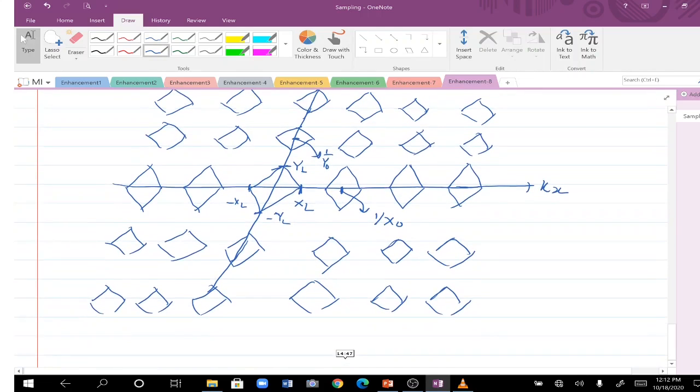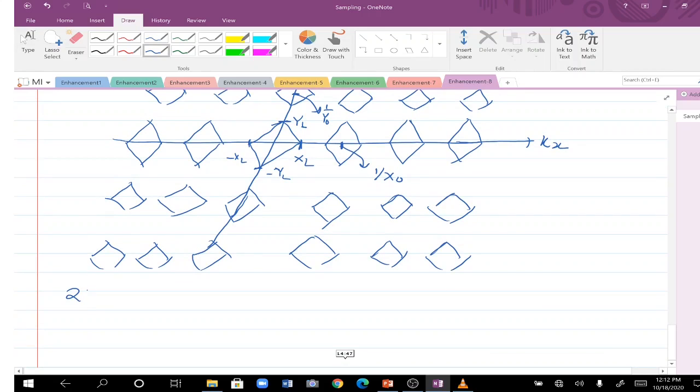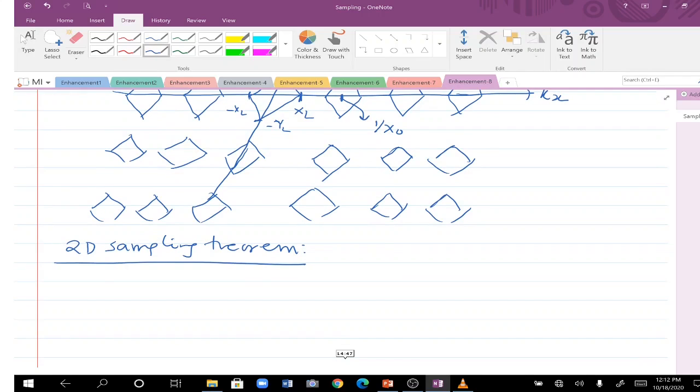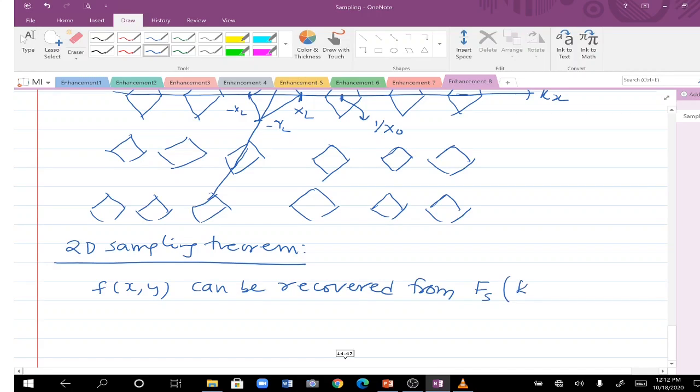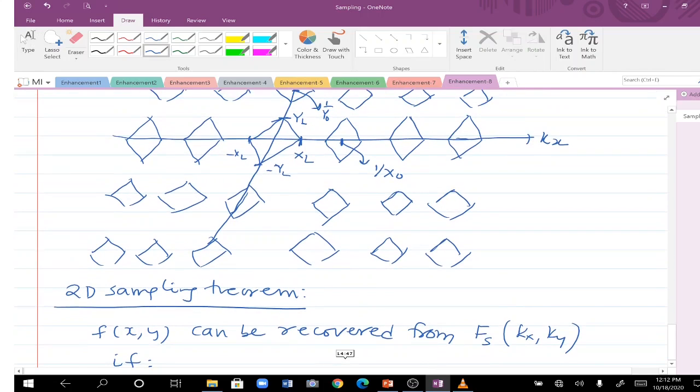Okay, so now you could look at the 2D sampling theorem here in similar lines to what we have seen in case of 1D. So what can we say here? F of x comma y can be recovered from F_s of kx comma ky if there is no overlap caused due to placements in the x direction.